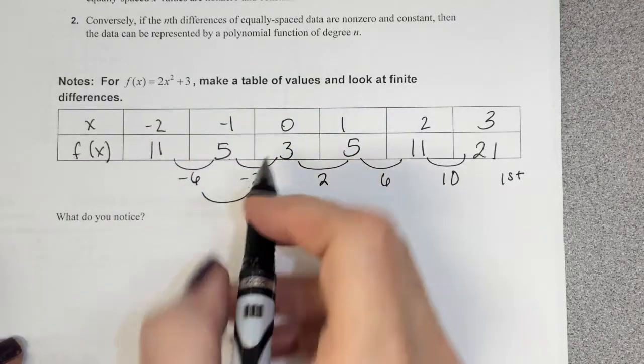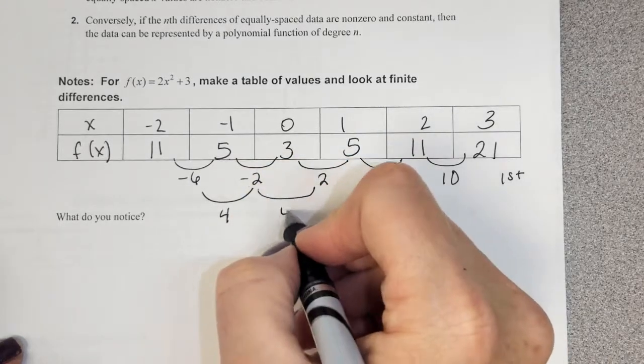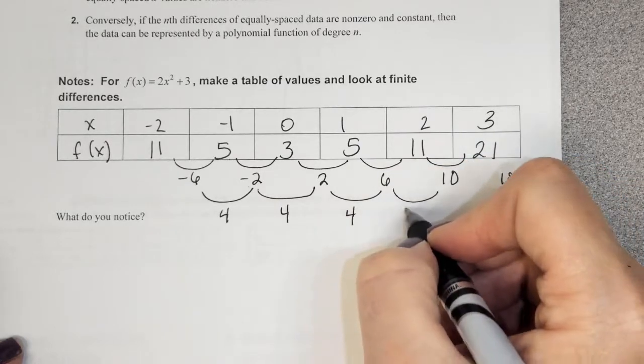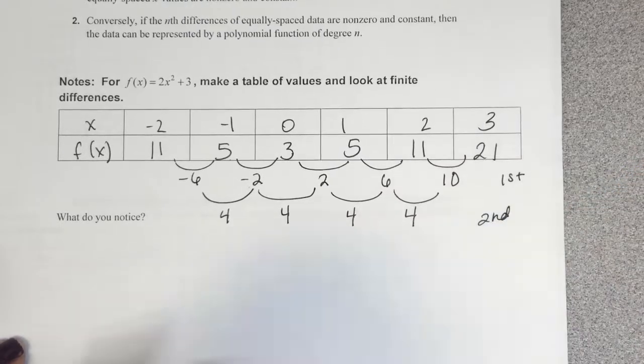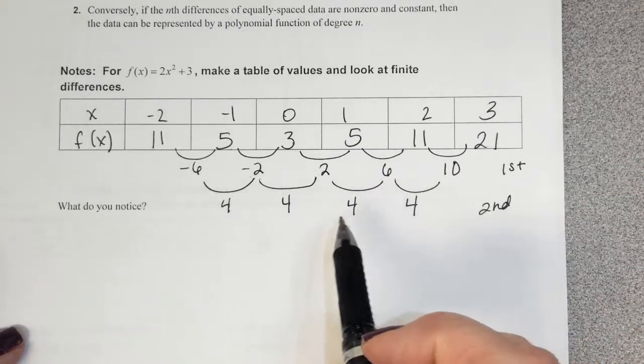To go from -6 to -2, I'm going up 4. From -2 to 2, up 4. From 2 to 6, up 4. From 6 to 10, up 4. This was the second set of finite differences. See how now they're all constant, they're all the same?